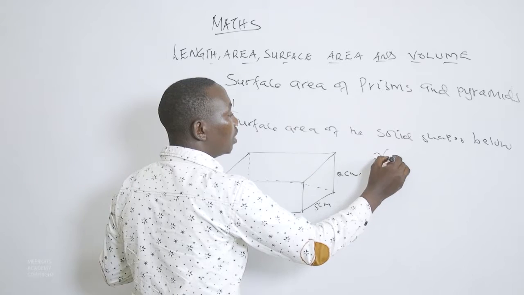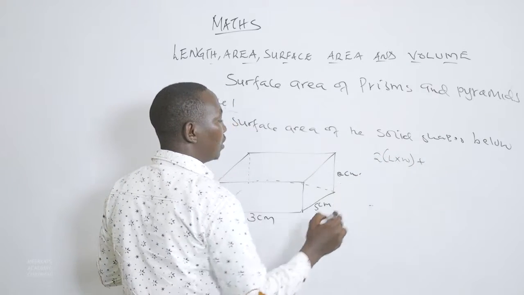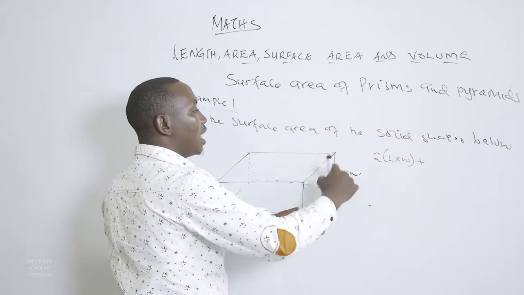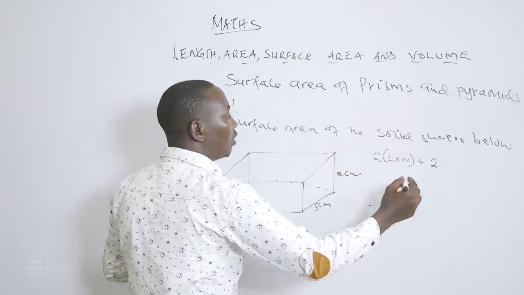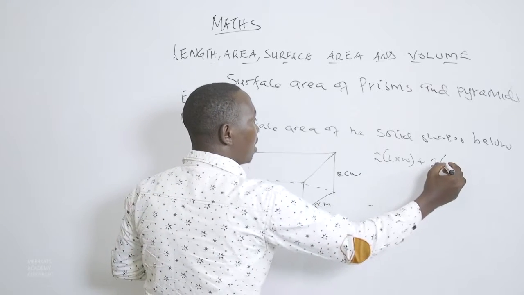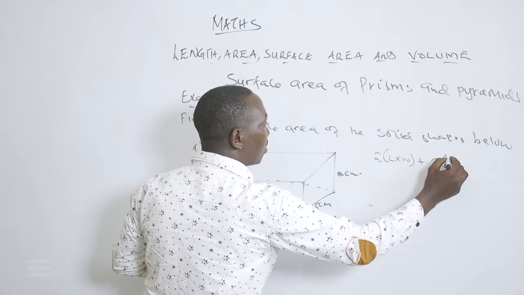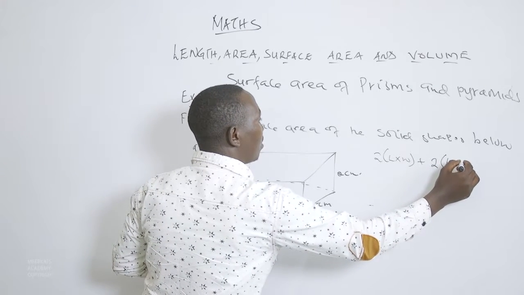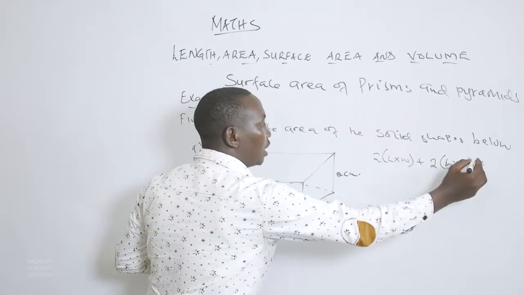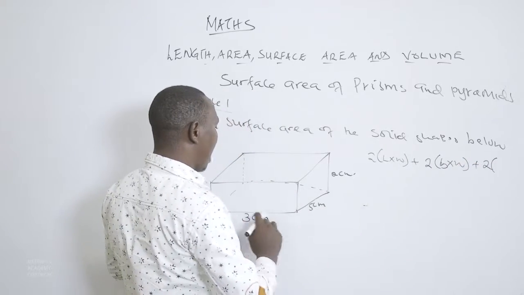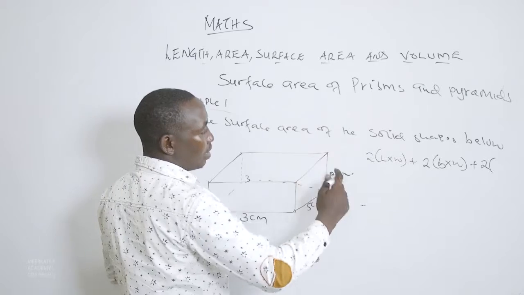That will be 2 multiplied by length times the width, plus, we come to this side, there are 2 again, this side and the other side, so that will be 2 multiplied by the breadth multiplied by the width, plus the base and the top, that shall be twice the length, which is 3 centimeters, and the breadth.